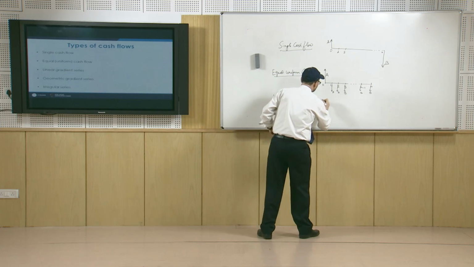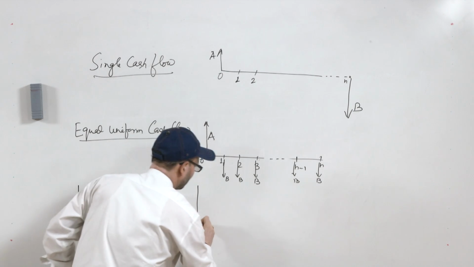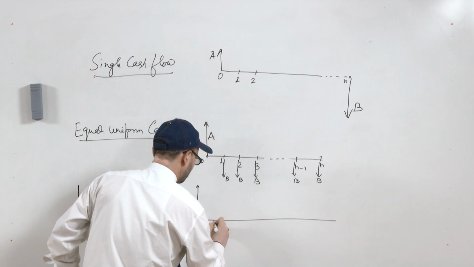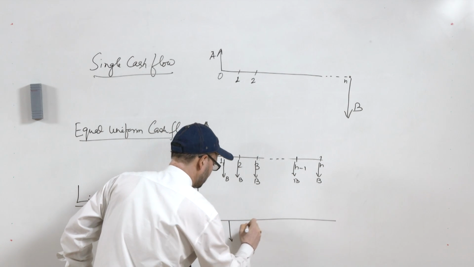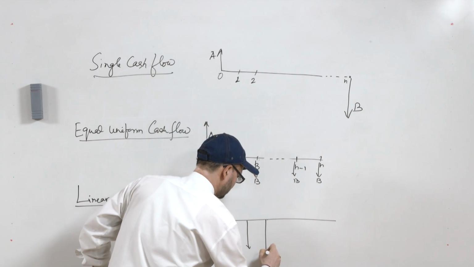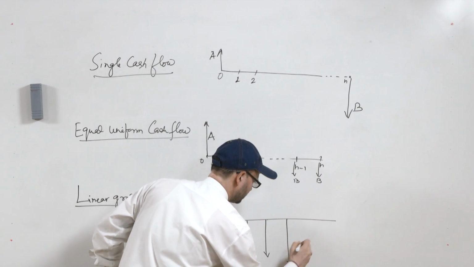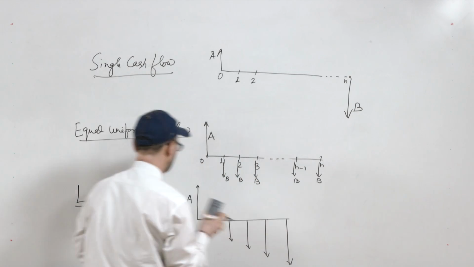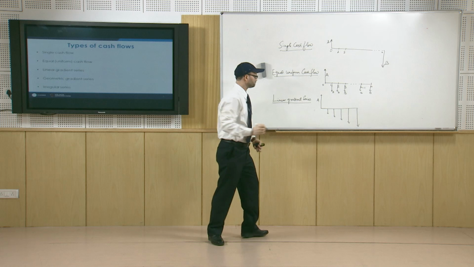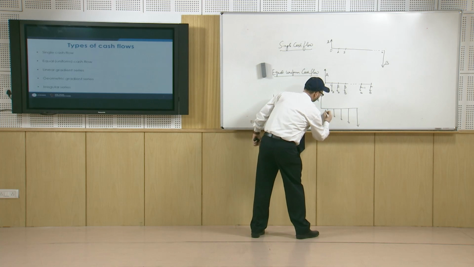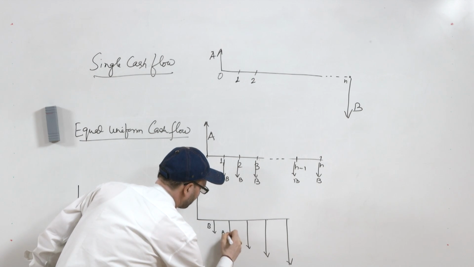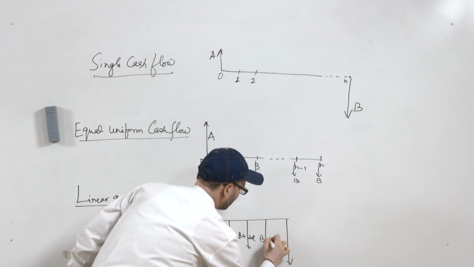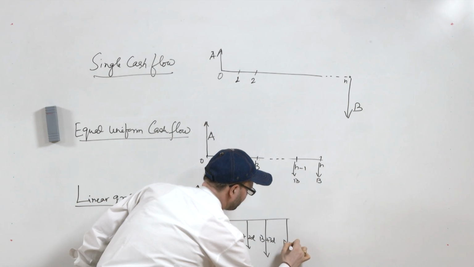So, if he has taken a certain amount, the payments are B, B plus D, B plus 2D, B plus 3D and B plus 4D.